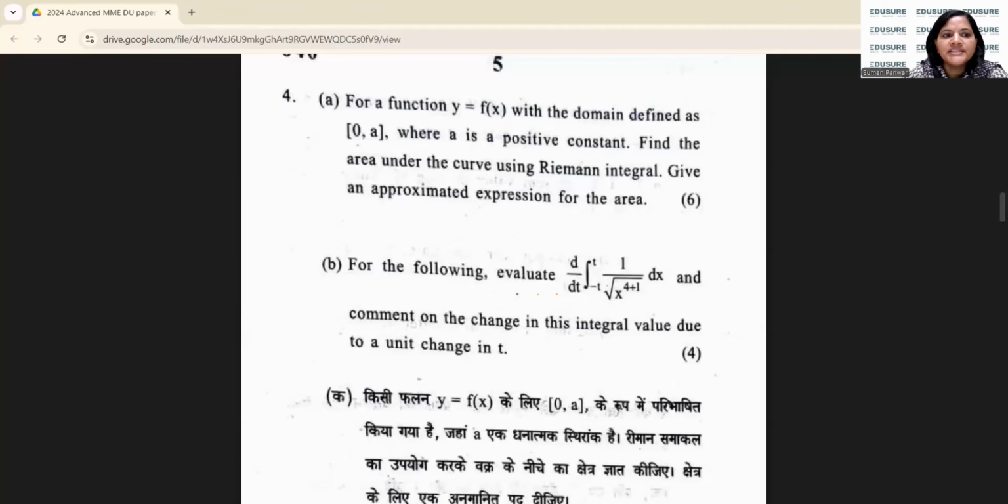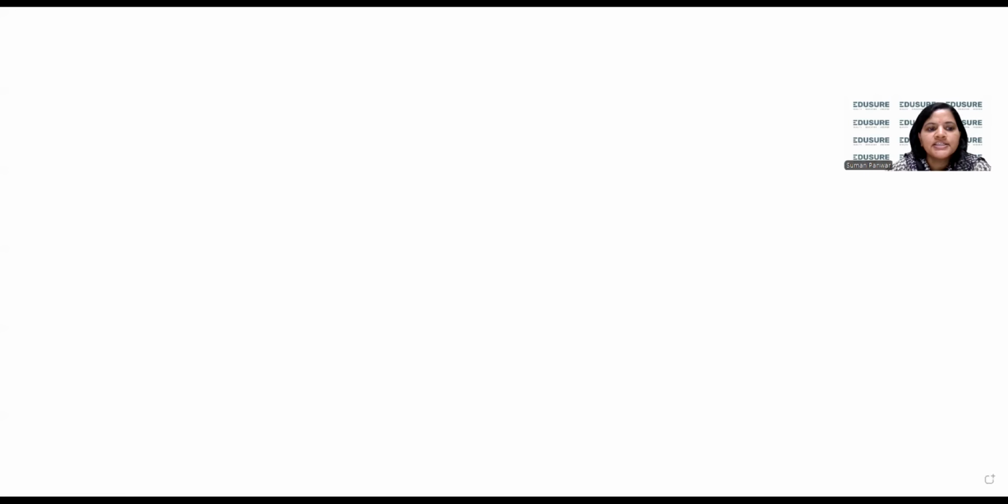Okay. So basically what is given to us is this. We have a function y equals f(x), and we have this interval 0 to a, and we have to find out the area under this curve.